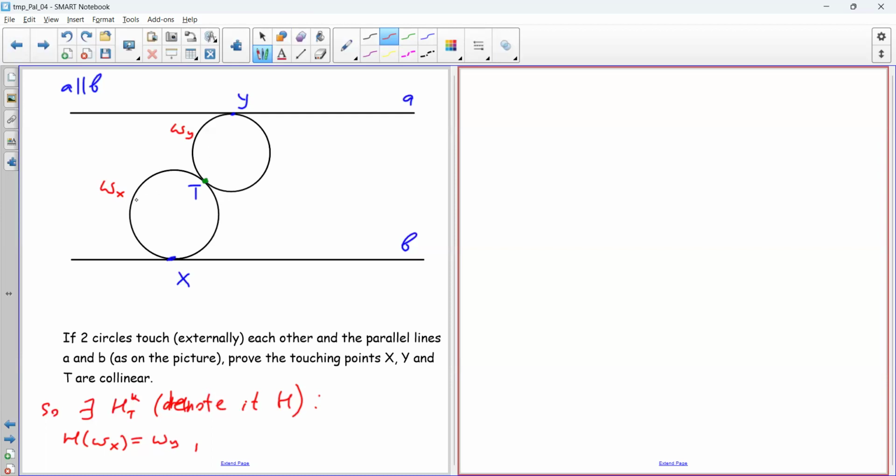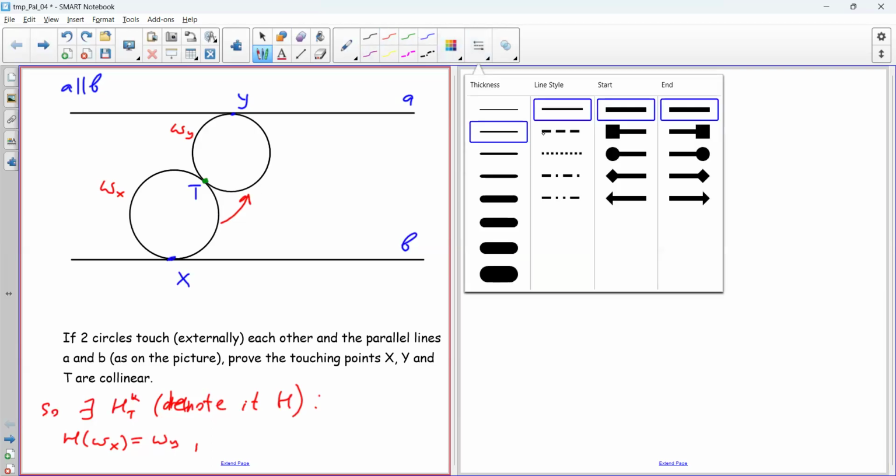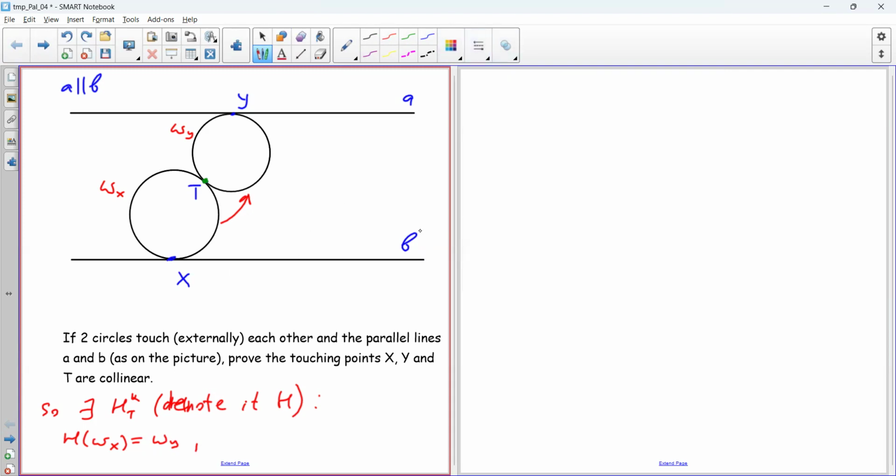So what we'll do now, we'll take the homothety which we just defined, and we consider the images of everything related to omega x with respect to this homothety. So we know that this circle here goes here, and the straight line B will go to some position.